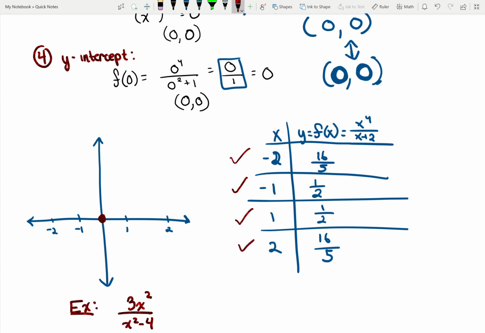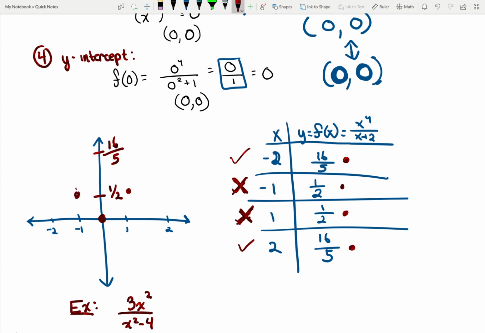And if you see, once we find what the y values are, they're kind of mirrored, meaning when x is 1, I get 1/2. That's this line right here. When x is minus 1, I also get 1/2.